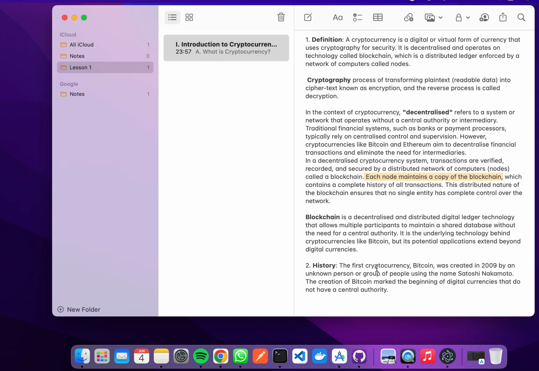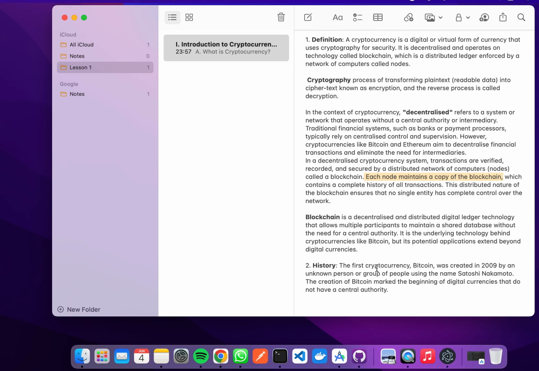So the history of cryptocurrencies. The first cryptocurrency created was Bitcoin, which was created in the year 2009 by an unknown person. So nobody knows who made Bitcoin, whether it's a group of people or one person, but they used a pseudonym, Satoshi Nakamoto.